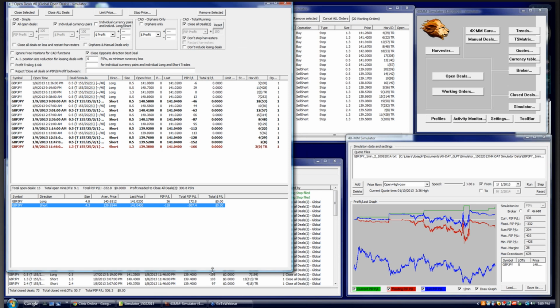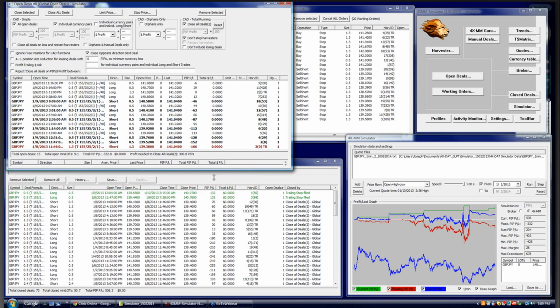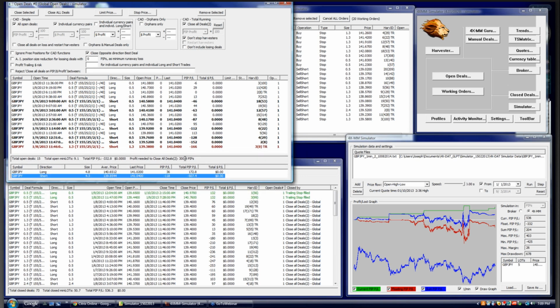So what we'll do is look at this being about 200 pips down, and how you determine your drawdown from the highest point is by subtracting the profit target, which is right up here as 100 pips, from the total amount needed to close all deals, which is 300.